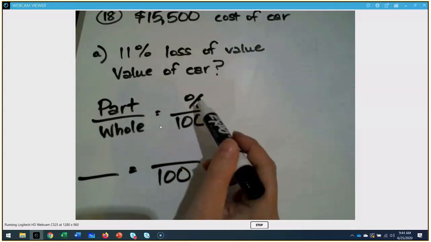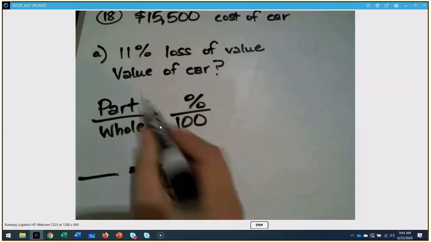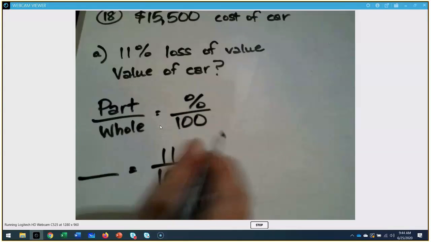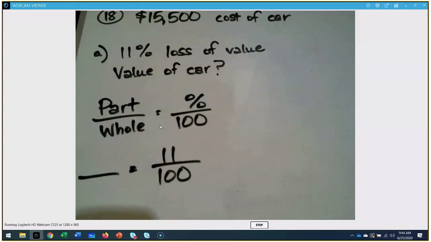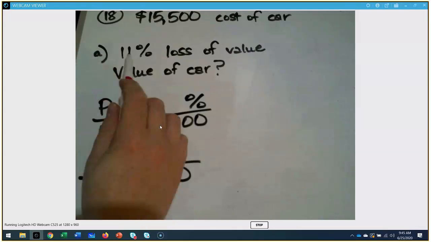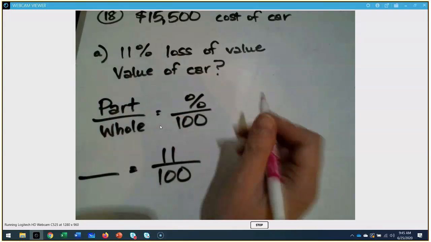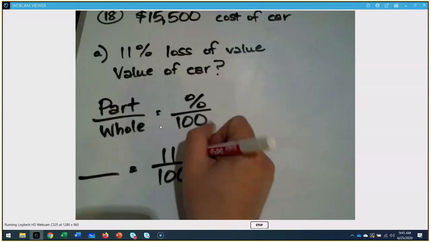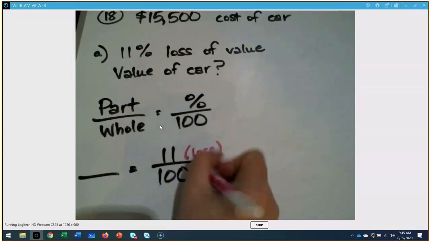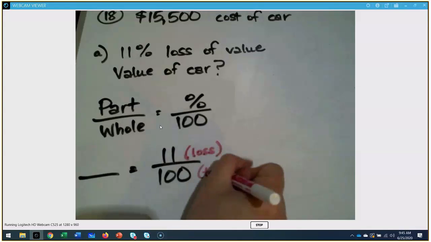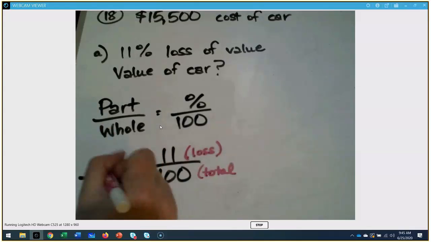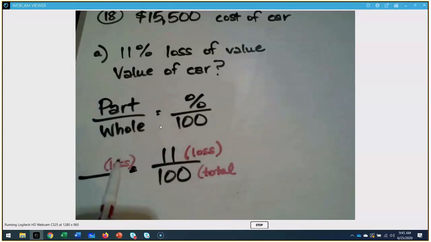Now when I go to plug the percent in, it's 11% that goes here. But if you watch the way that they worded this, the car is going to lose 11%. It's not going to be worth 11%. It's going to lose that. So this is a loss. That means this is how much money the car is going to lose.